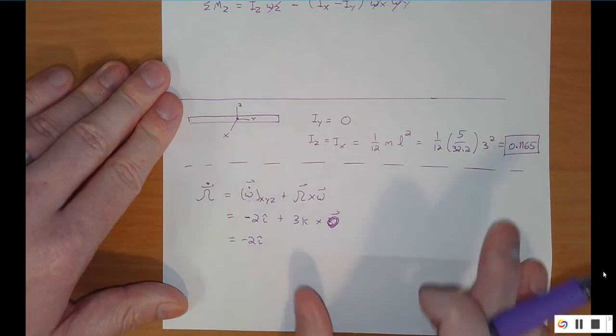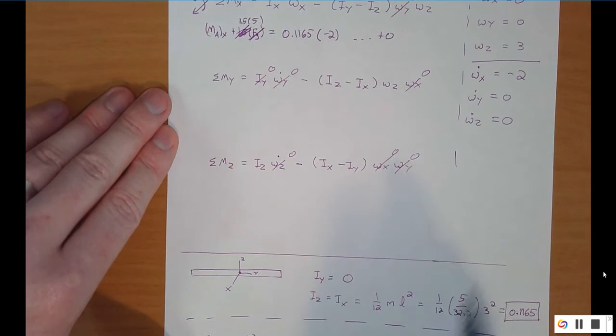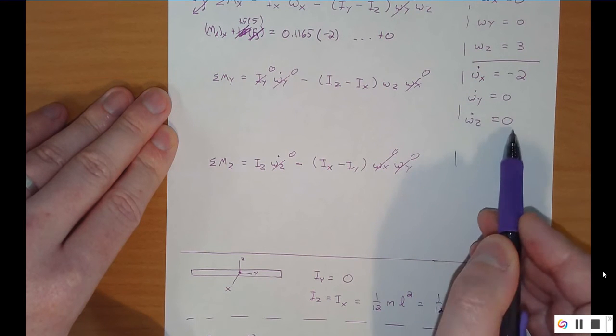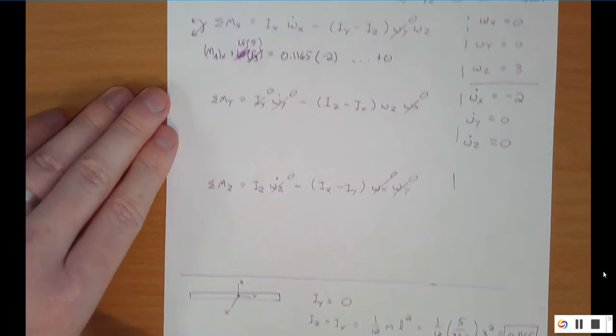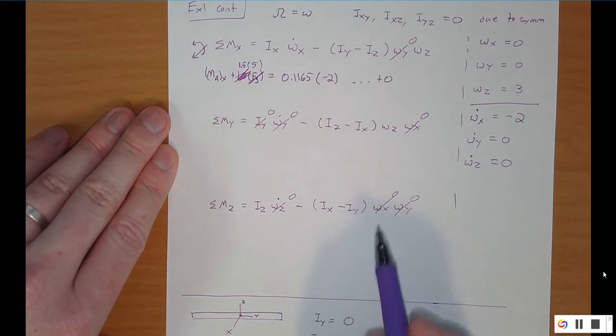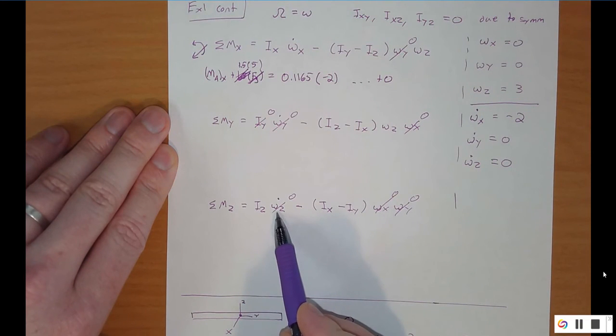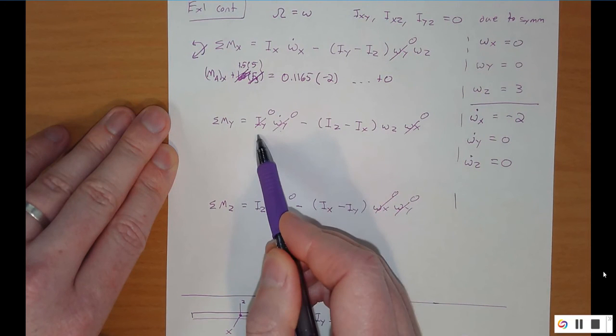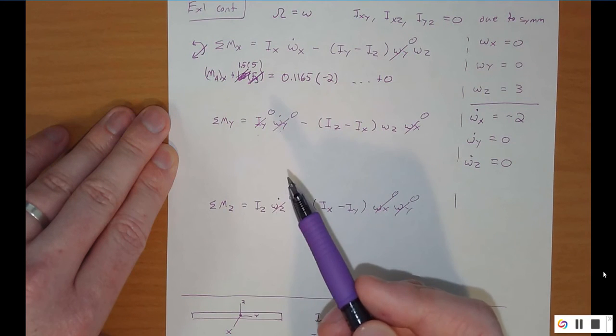So that means that we're going to have -2 for omega x dot, 0 for omega y dot, and 0 for omega z dot. I go plug in some numbers. So that means that this term is going to 0 out. That's omega z dot. This will 0 out because this is 0 and this is 0. And then we're actually going to have some terms here.